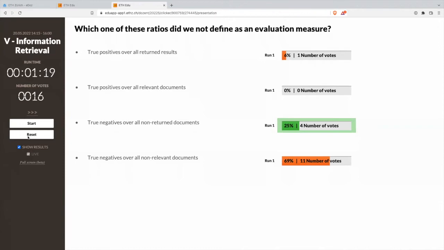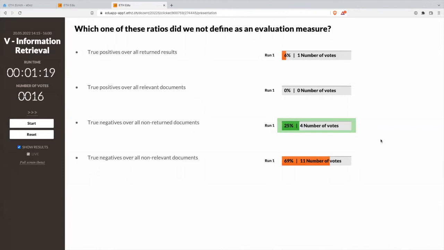Okay, let's go to true positives over all returned results. Maybe somebody in Zoom can tell us what this is called. You can write in the Zoom chat. Sensitivity, I think, is the one minus another one. We'll come back to that.